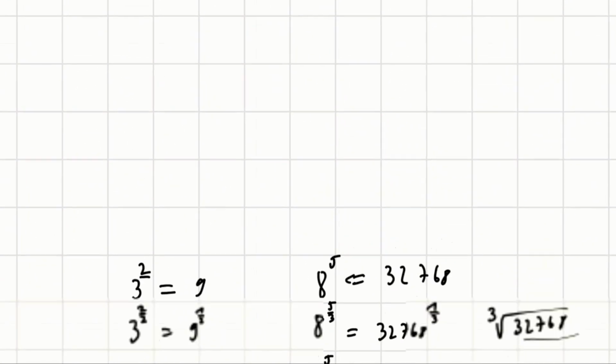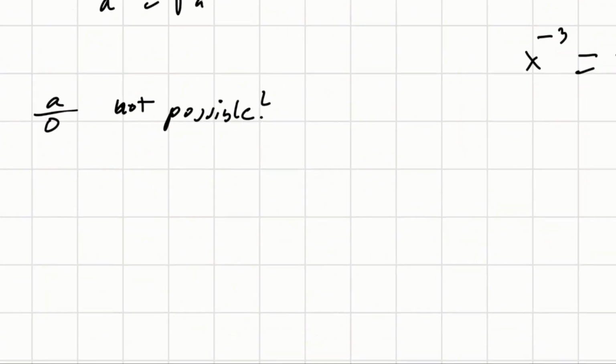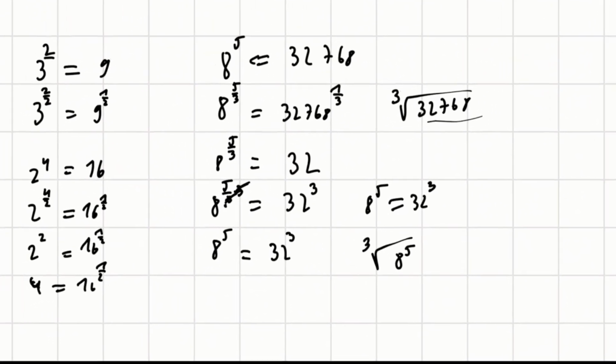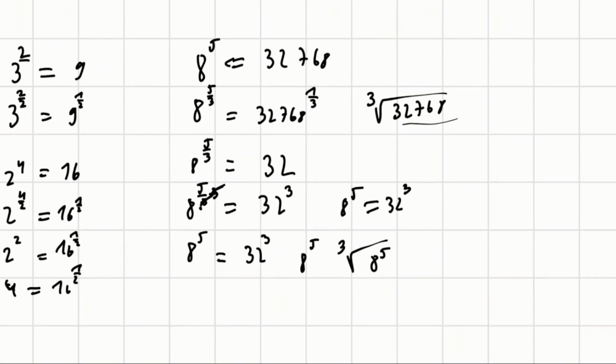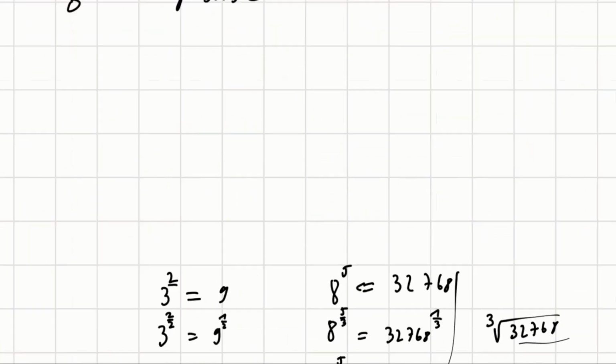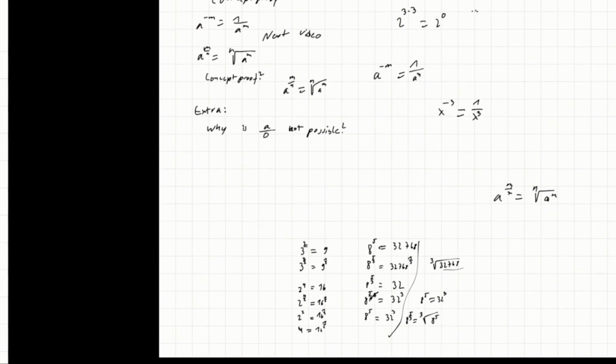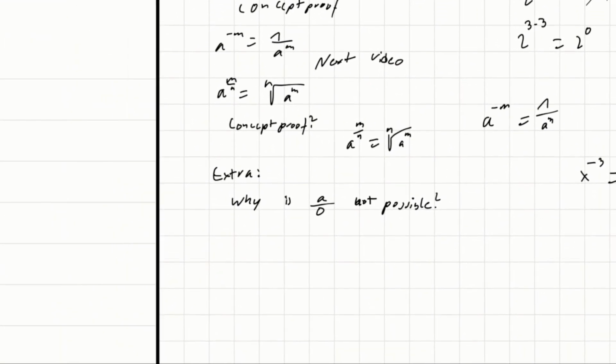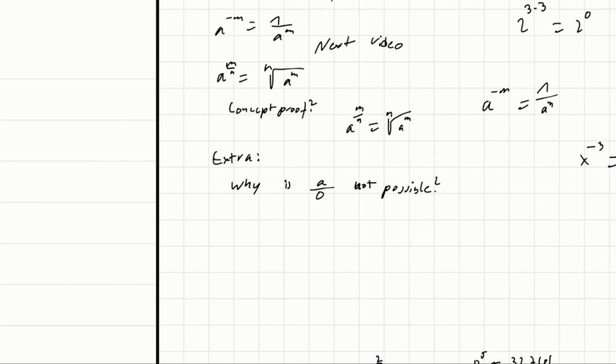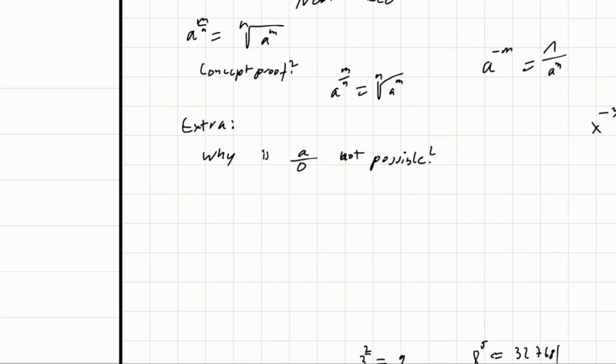That's the reason why 8 to the power of 5 divided by 3 is this, because of this step here. That's it. So, as I said, this may be the hardest, but it's not that hard.